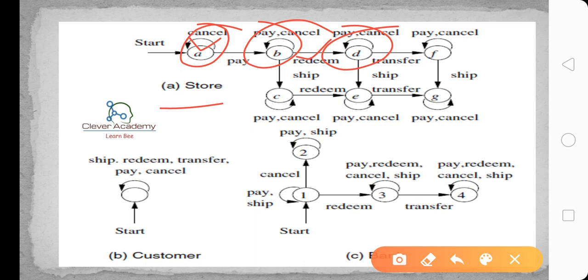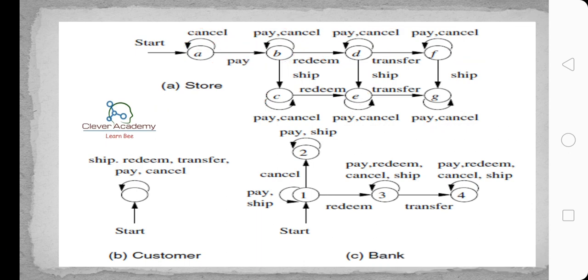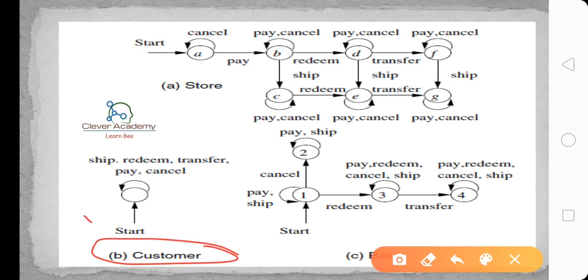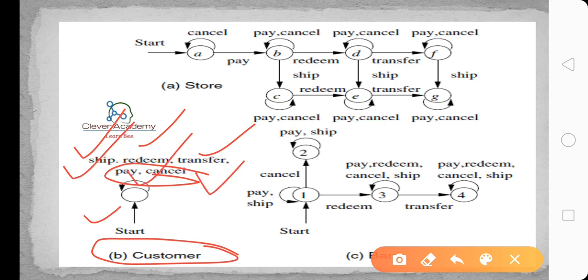At any of these stages, if you want to do the particular operations, you can do it. That's what we represent here. And next, the customer started, and earlier I had only two options, pay and cancel. Now you include more: you may ship, you may redeem, you may transfer.